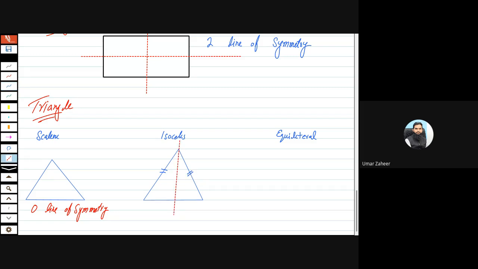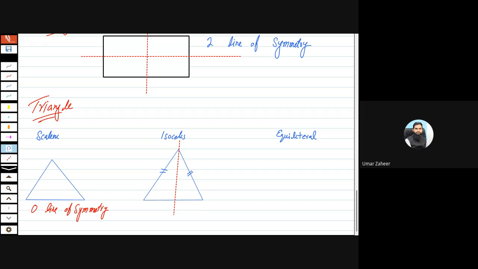Here you are going to get the line of symmetry because you're getting the exact image on the other side. We know that it is an isosceles triangle, and the line must pass from the mid of this side. So we get the exact reflection on the other side. So in an isosceles triangle, we get one line of reflection.